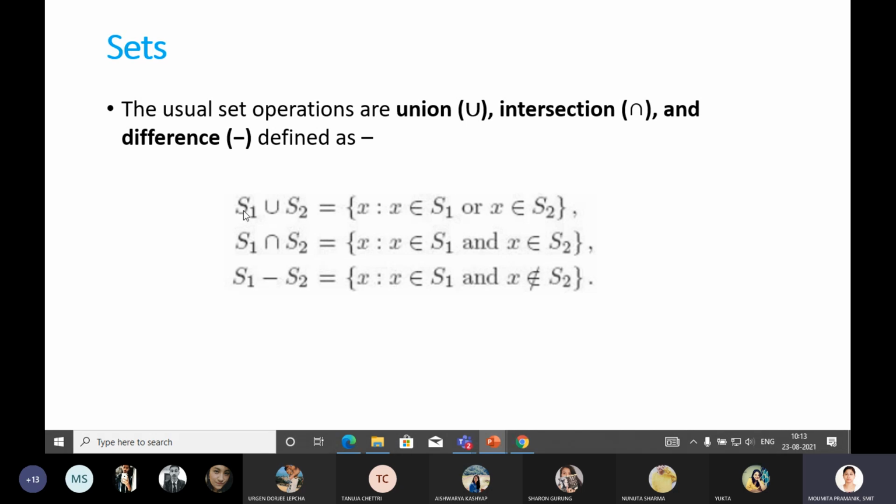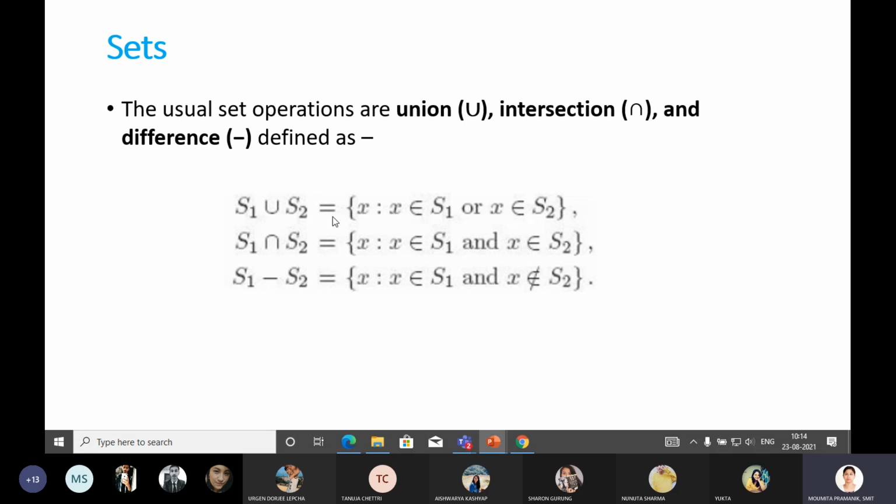We can represent the union of two sets like S, which is the union of set S1 and set S2, and it combines all the elements X such that X belongs to S1 or X belongs to S2. So the union of set 1 and set 2 represents all the values of X such that X belongs to either S1 or S2.